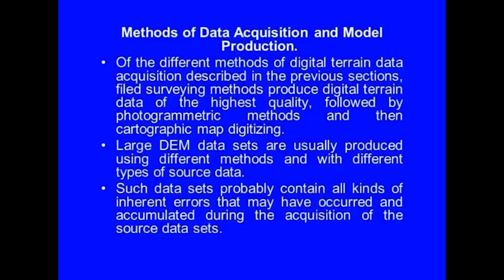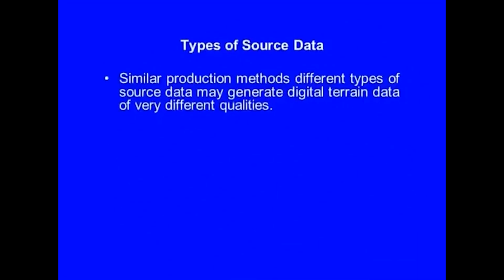Large DEM data sets are usually produced using different methods and with different types of source data. Such data sets probably contain all kinds of inherent errors that may have occurred and accumulated during the acquisition of the source data sets.